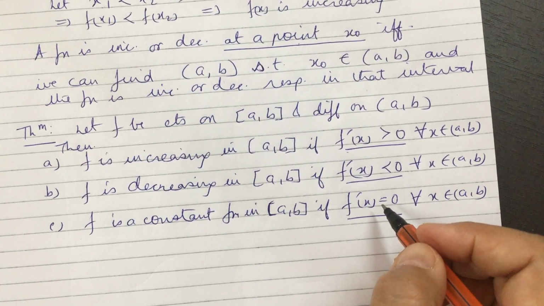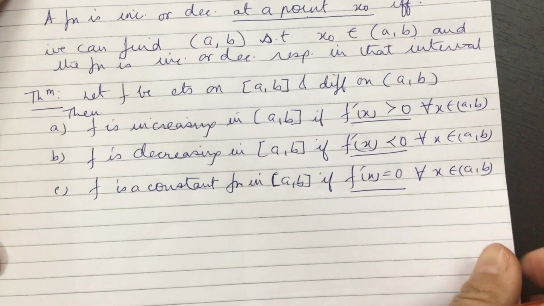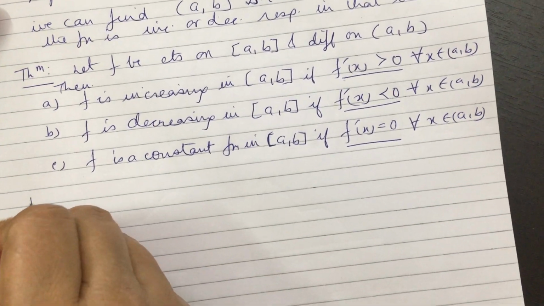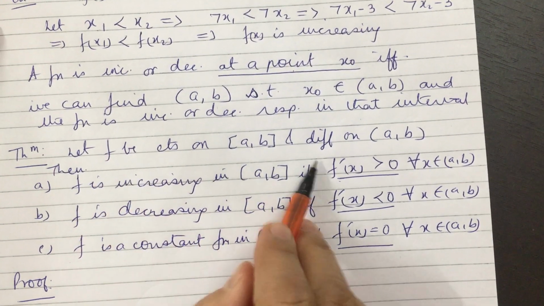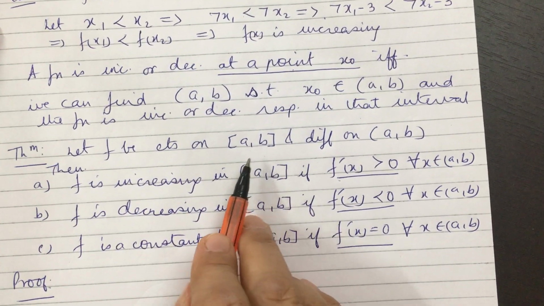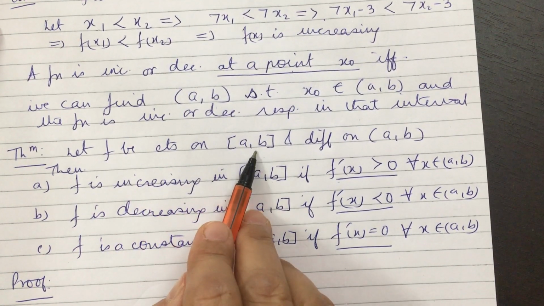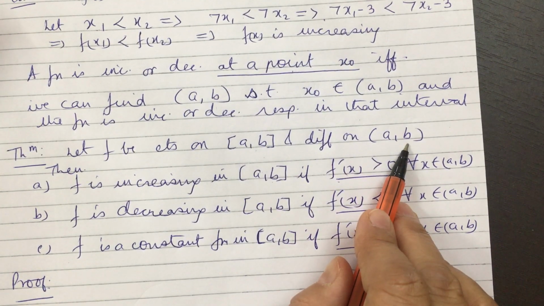Now in order to prove this theorem, we will have to make use of the mean value theorem which we did in the previous chapter. As we can clearly see, both the conditions of the mean value theorem, Lagrange's mean value theorem, are satisfied here. That is, the function is given to be continuous in the closed interval and differentiable in the open interval.